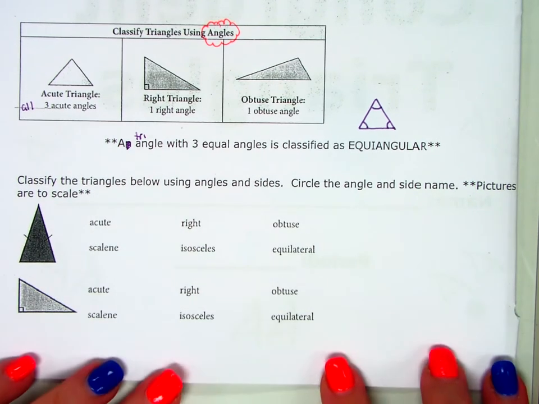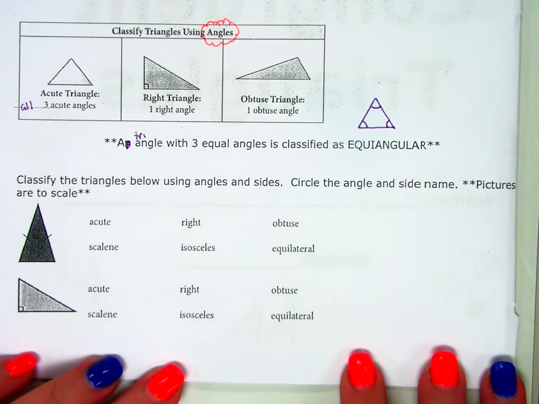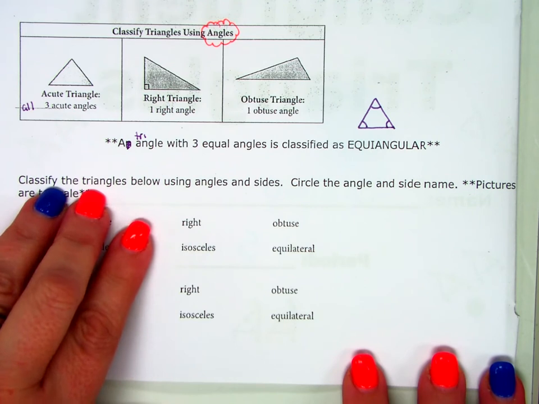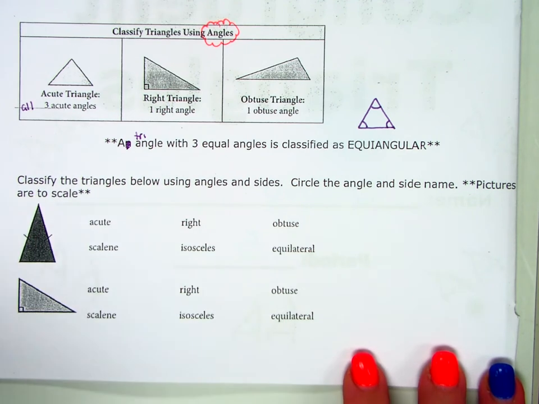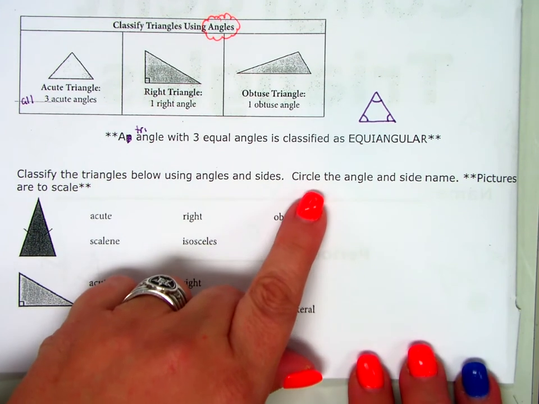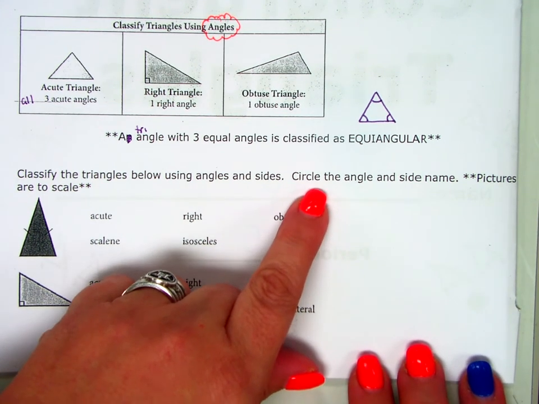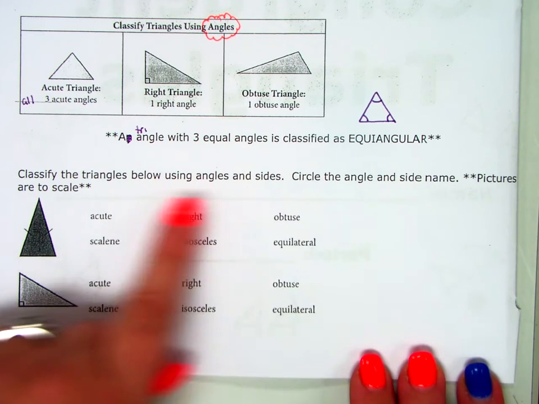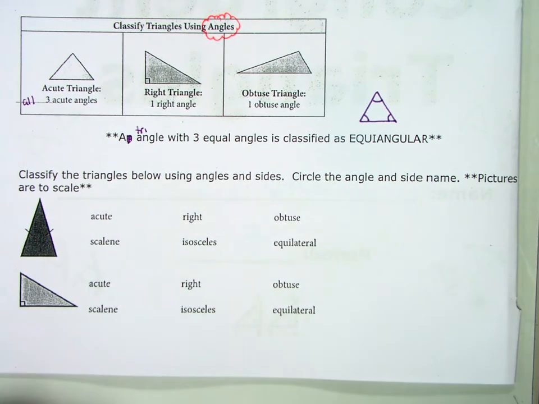It says classify the triangles below using angles and sides. It doesn't say best classification, so if one of these were equilateral or equiangular, I could use the other descriptor. And then it says circle the angle and side names. Pictures are to scale. This part's going to become real important.